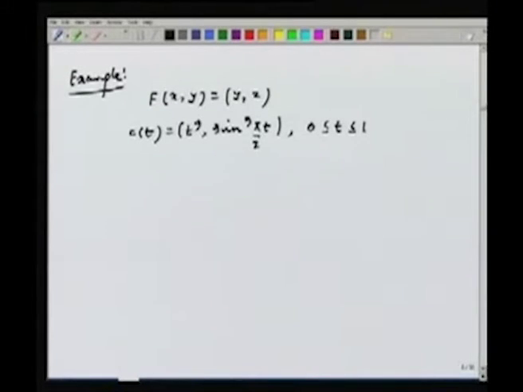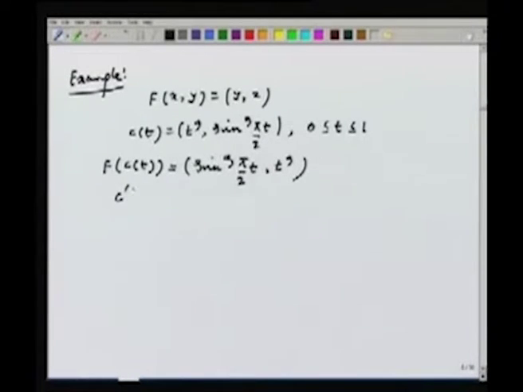Now suppose I want to calculate this line integral. So first I need to know what is F(C(t)). I will calculate that. This turns out to be easy. This is (sin(9 pi t / 2), t^9).